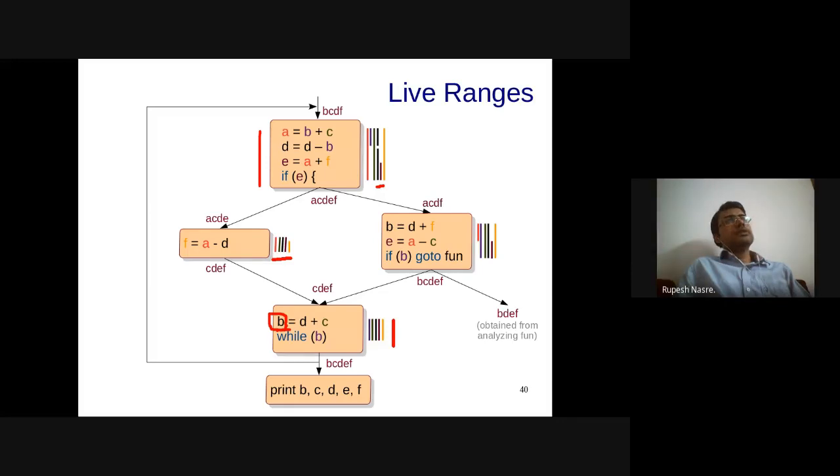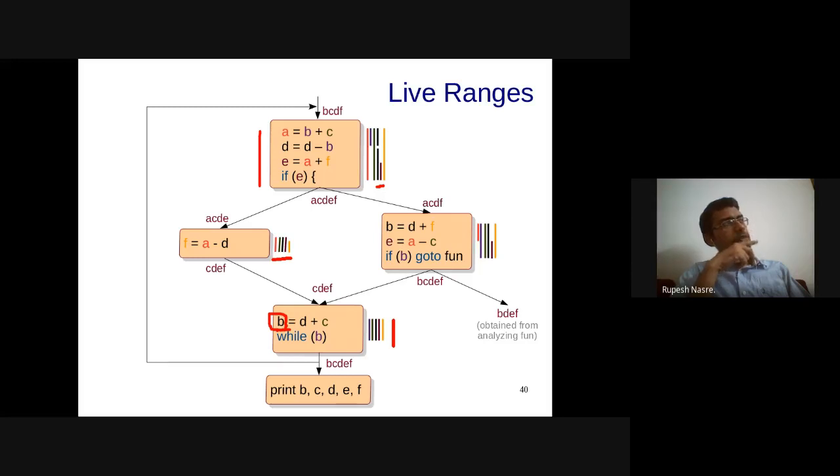Oh, I see. So what you are saying is that by making it instance specific, we will be able to improve the precision of this register allocation? Because one particular instance might have live range overlap with another variable's instance, but not all instances. Yeah, that makes sense.